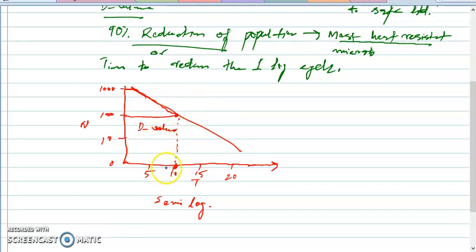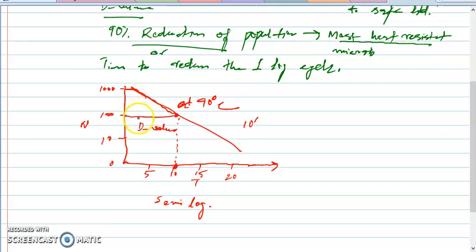So to kill 90% population of E. coli at 90 degrees centigrade is the D value. So here the D value is 10 minutes. It took us 10 minutes to kill 90% population of E. coli at 90 degrees centigrade. Remember, at 90 degrees centigrade, it changes when we change the temperature.